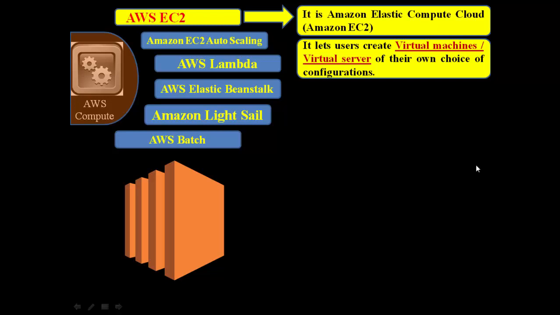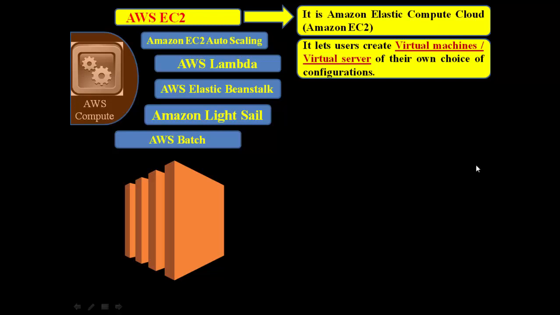AWS EC2 service. As you know, to host any application or website, we must have a physical server, and to make a physical server, we have to purchase hardware resources, software, networking devices, security, etc. It is a very time consuming and very costly process.